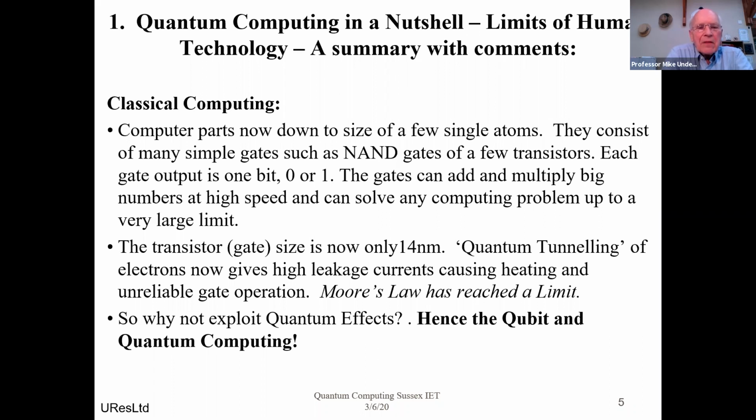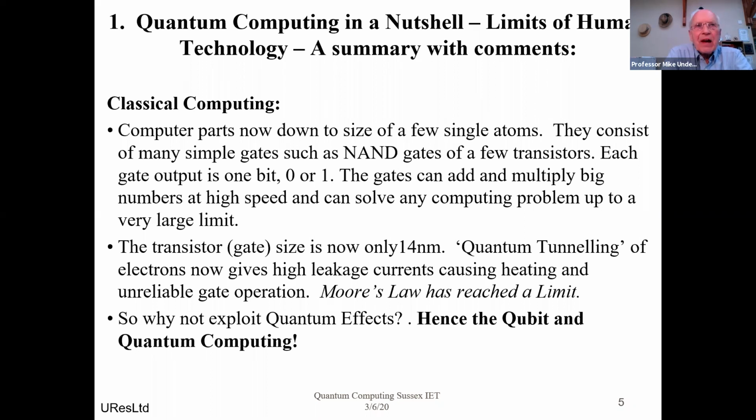Interestingly, looking it up, the transistor gate size is now, as it showed on the video, only 14 nanometers, and that's pretty small. The important point about the 14 nanometers is that quantum tunneling of electrons is an effect.